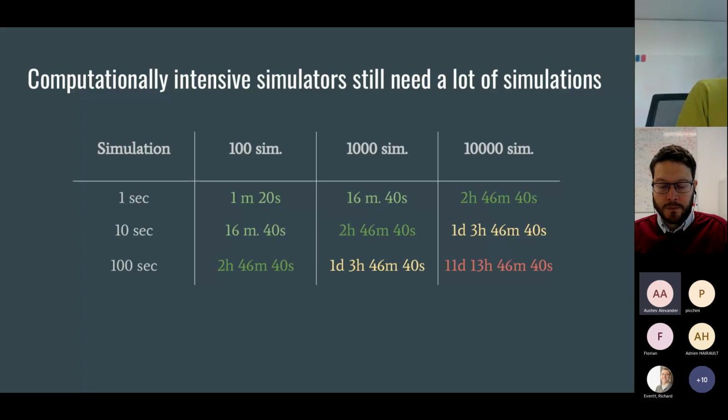We would need something like 11 days and 13 hours to do inference, which is of course quite unfeasible. So what we want is to reduce the number of simulations our inference algorithm requires to produce some reasonable solution.